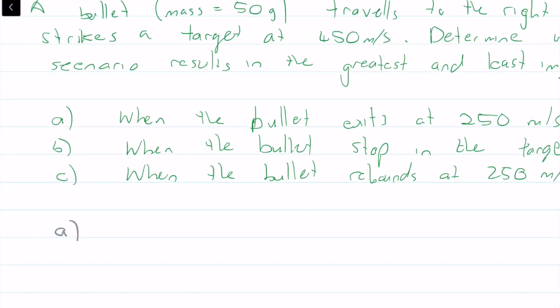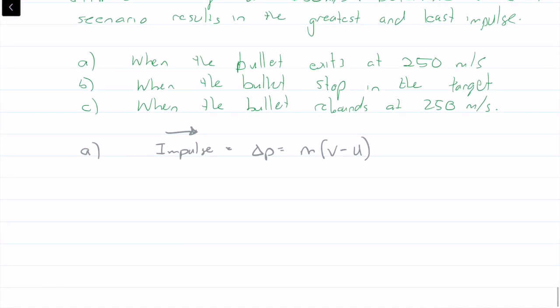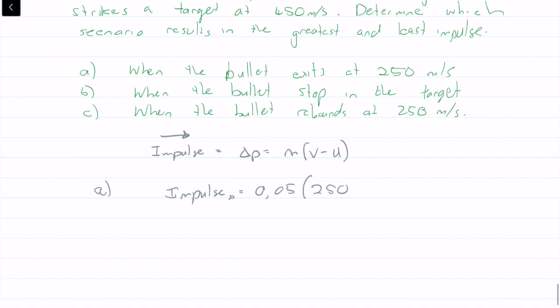So the impulse for the first one is equal to delta P, which is mass times final minus initial velocity, and we will take the rightward direction as positive. That's actually generic, so we can start A right here. Impulse for A equals, the mass is 0.05, the final velocity is 250, the initial velocity is 450, and if we plug that into our calculator, we get a value of minus 10 kilograms meters per second.